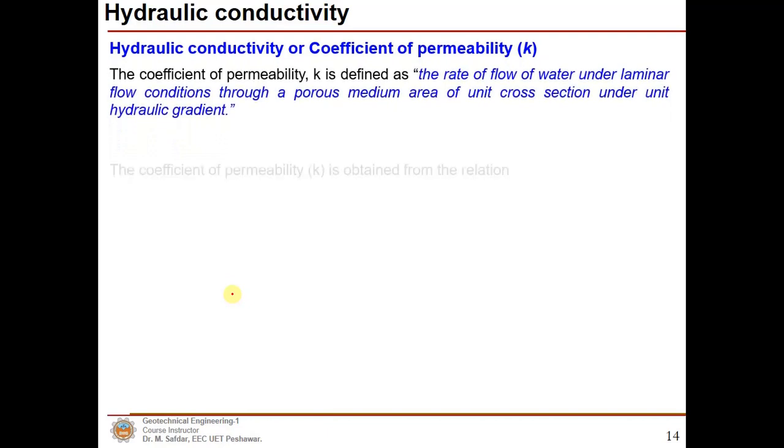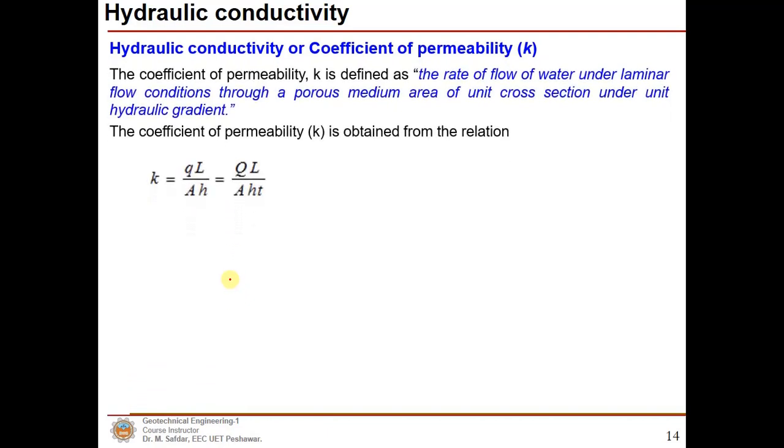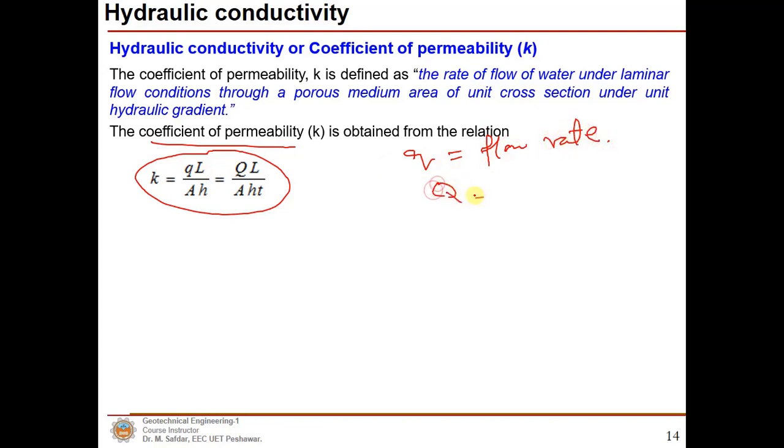Now, how can we find out the hydraulic conductivity? There is a famous relationship where we can write that K is equal to qL divided by Ah, where q is the flow rate, and Q is the volume of water per unit time.